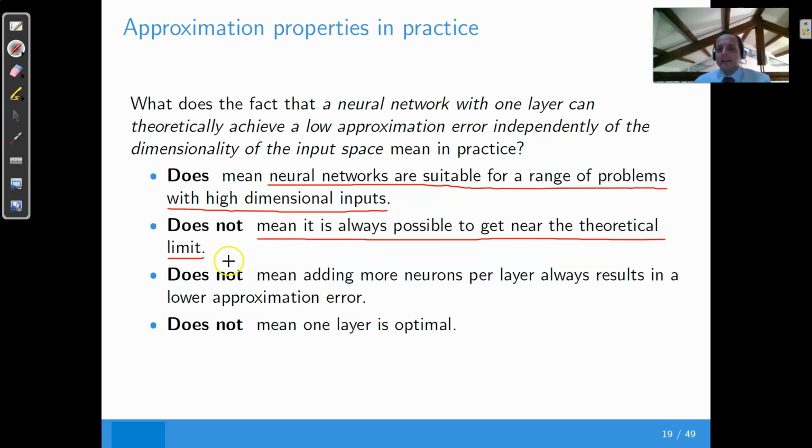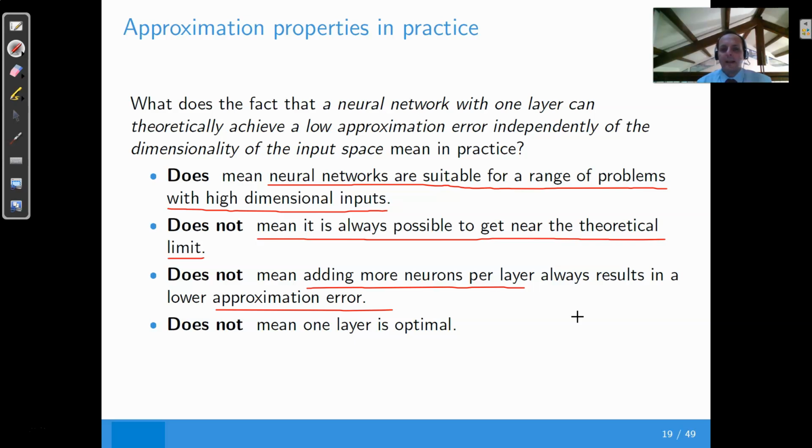Another conclusion is that adding more neurons in every layer doesn't necessarily reduce the approximation error, because we will see later that you need to validate your model, as for the case of linear system identification.